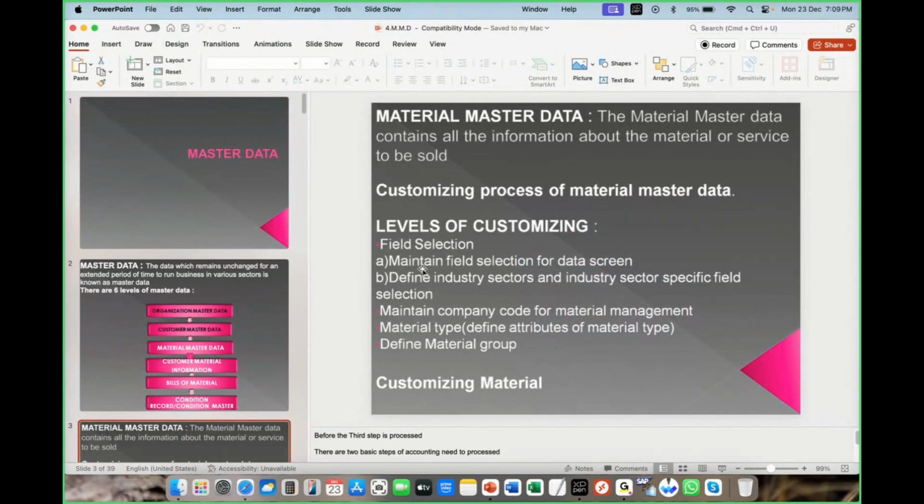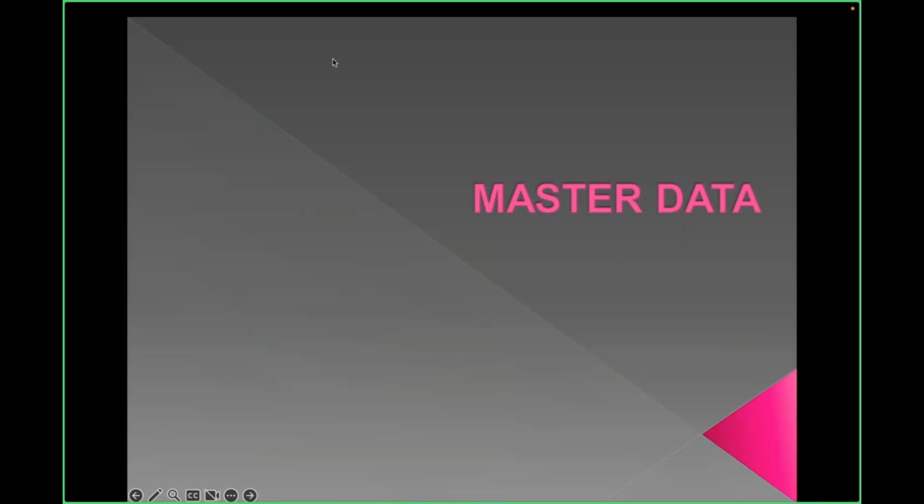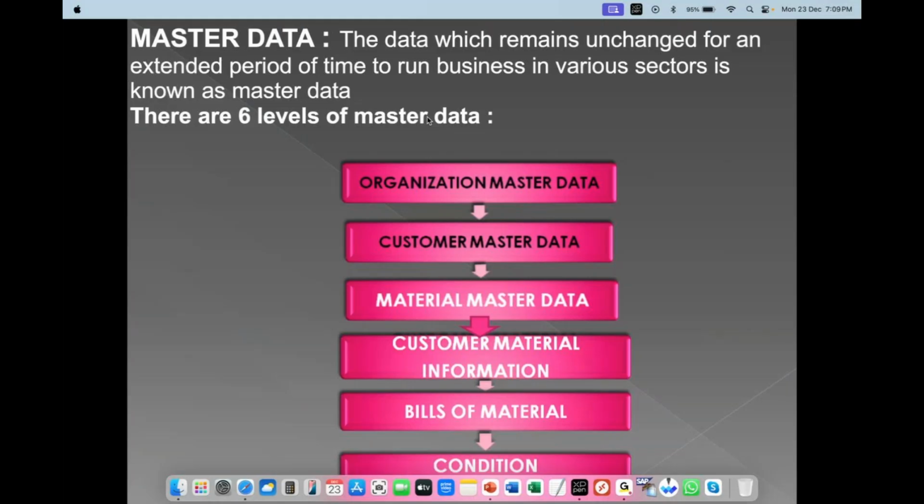I just said that in order to create a material, we need to have five customizing steps relevant to material master data to be done, and two steps relevant to accounting.